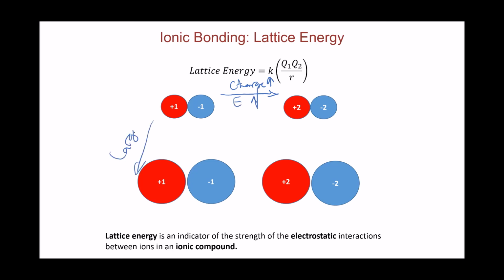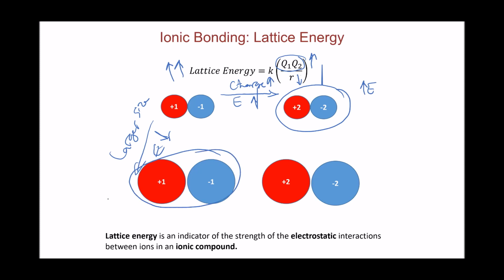Larger size means lower attraction. So the one with the smallest size and larger charge is going to have the highest lattice energy. And the one with the smallest charge and largest size is going to have the smaller lattice energy.